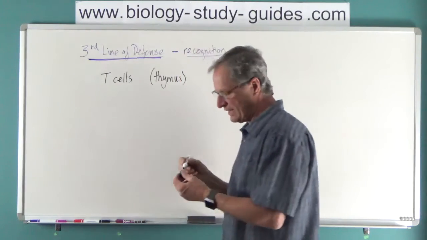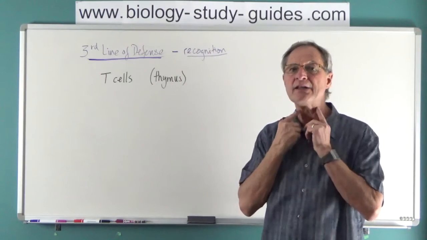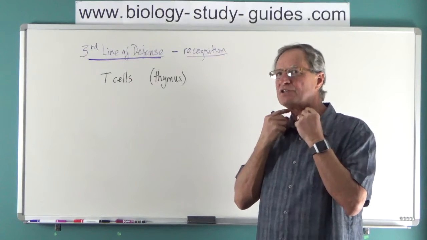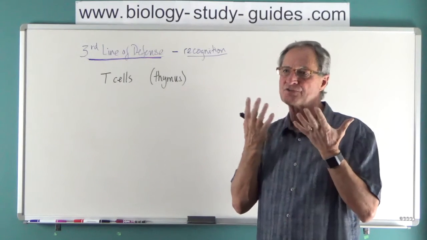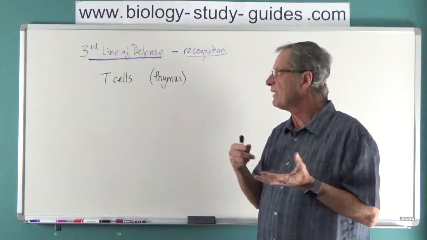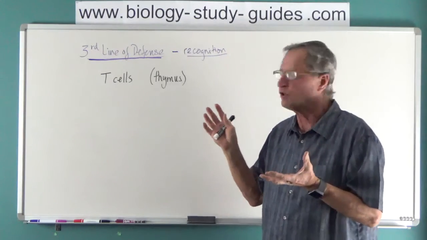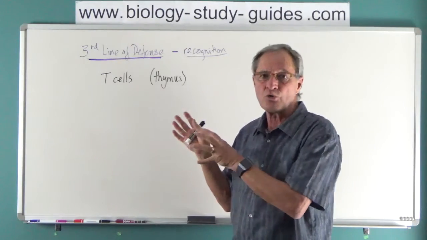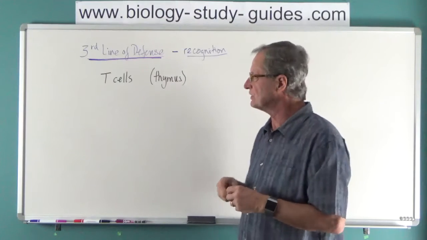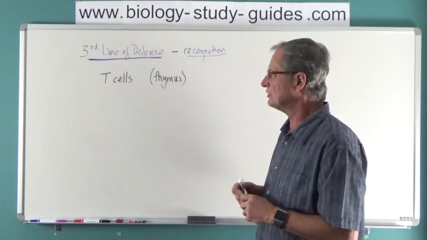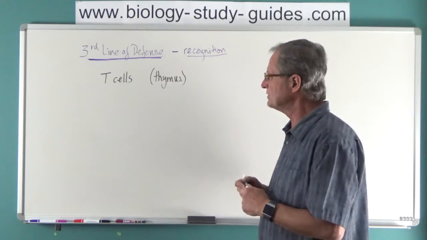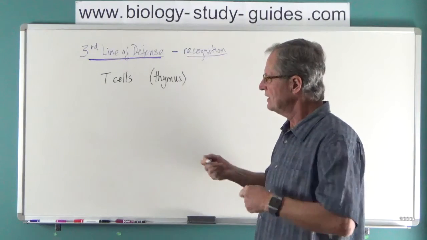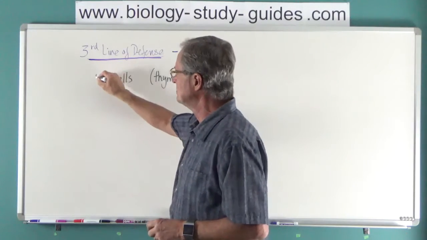The thymus is a gland located in the neck, and it's there at birth and it lasts for several years. By the time a person goes through puberty, their thymus is no longer there. It sort of disappears. It's no longer functional and the tissues are used otherwise. But in the process, it produces these T cells.